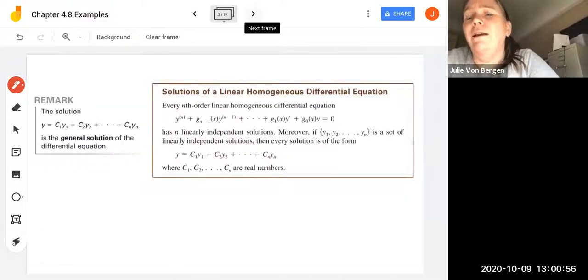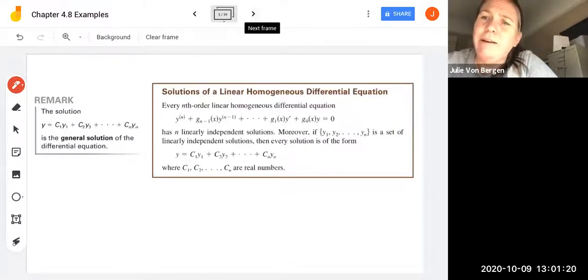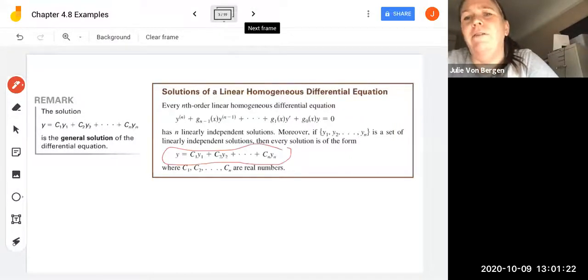So here is a general explanation of solutions of linear differential equations. Every nth order linear homogeneous differential equation has n linearly independent solutions. Moreover, if y1 through yn is a set of linearly independent solutions, then every solution can be written as a combination of those.